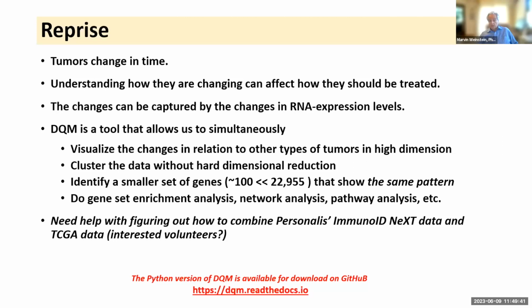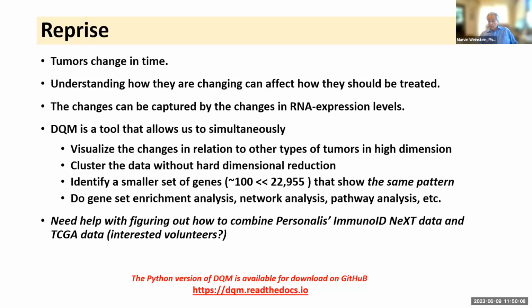It's easy once you've done this to identify a smaller set of genes, order typically 50 to 100, which is a lot less than 23,000 genes. And they have to be chosen in such a way that the pattern that you see in the DQM analysis is the same. Not only the original picture, but in fact, the time evolution and the clusters that are formed.